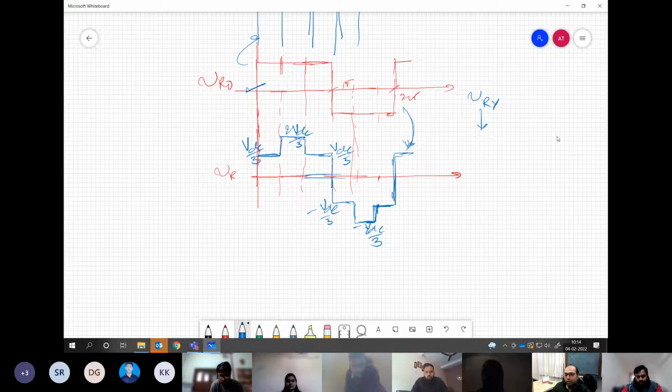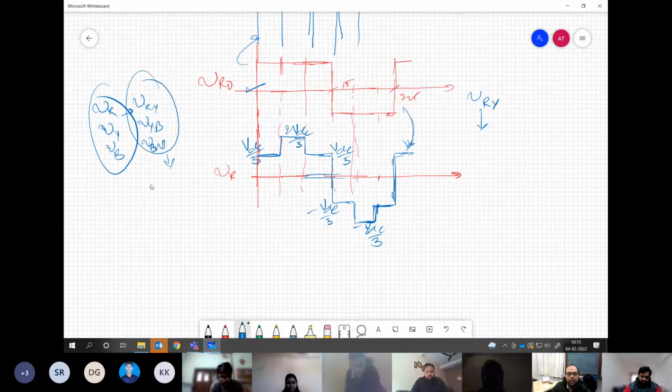For example, if you take sinusoidal waveforms, you take VR, VY, VB as simple sinusoids, and you generate VRY, VYB, VBR, and again try to work back the VR, VY, VB. Will you see any difference in waveform between these two? Will you find any difference?